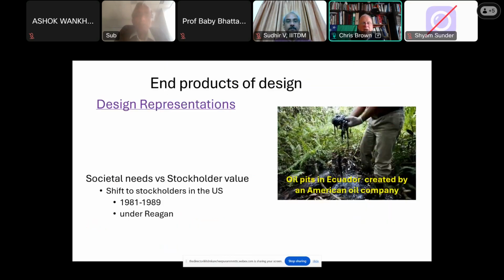End products of design: functional, actionable, realizable. The societal needs have taken a back seat largely in the United States, unfortunately, to stockholder value.